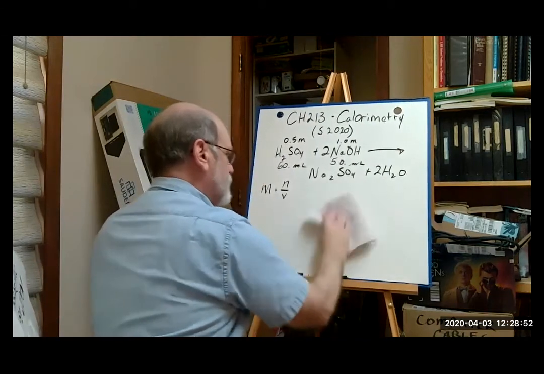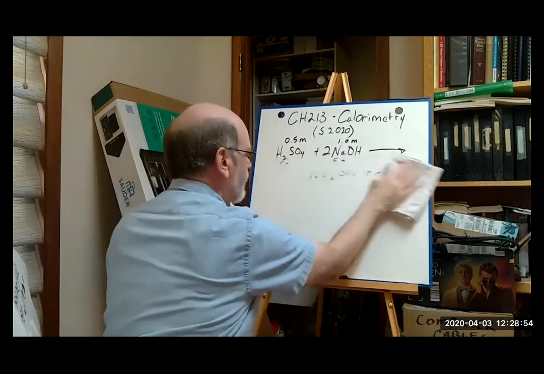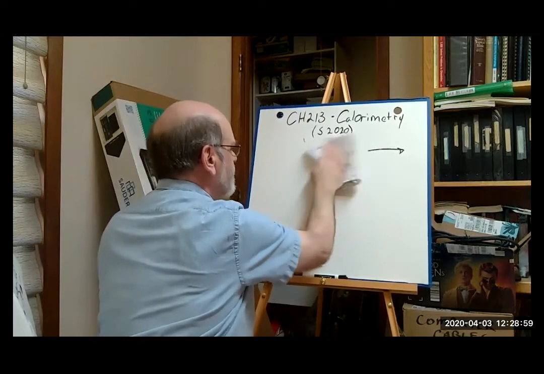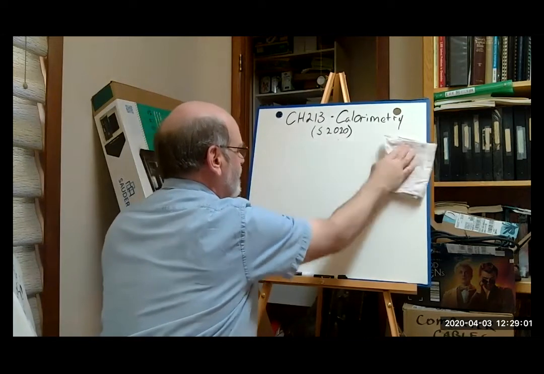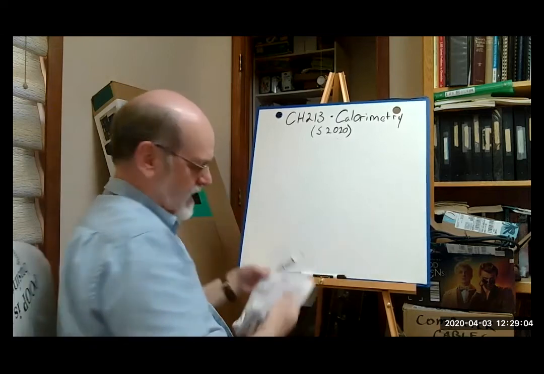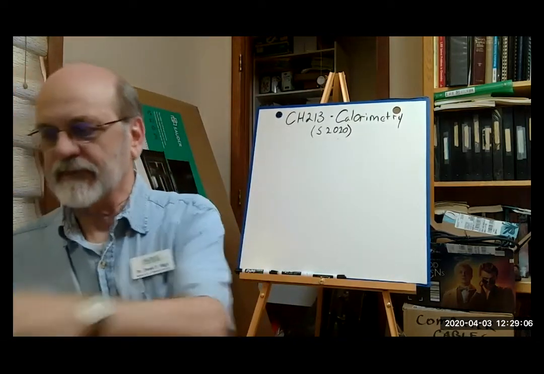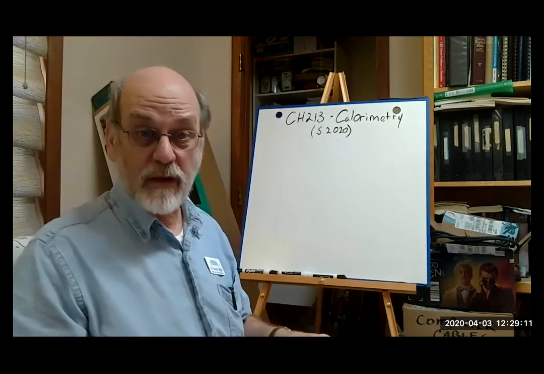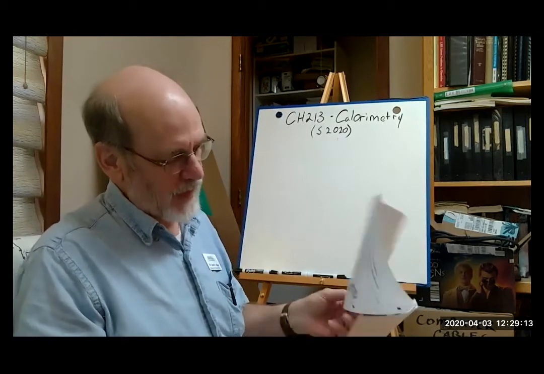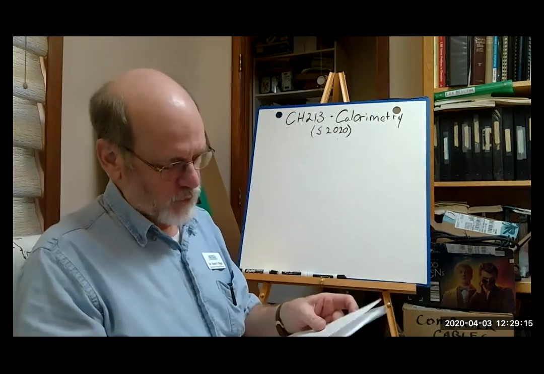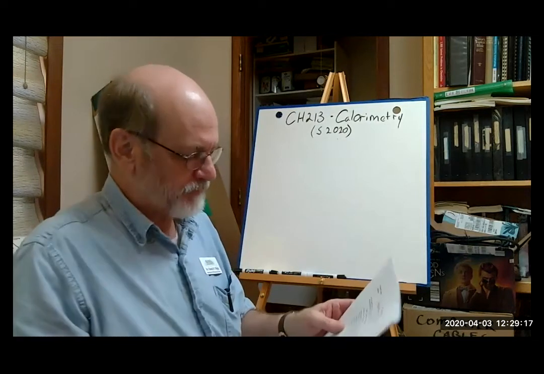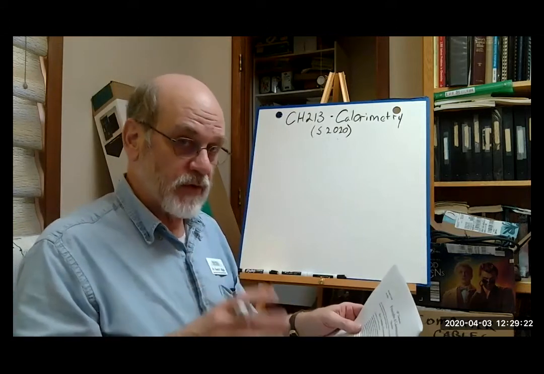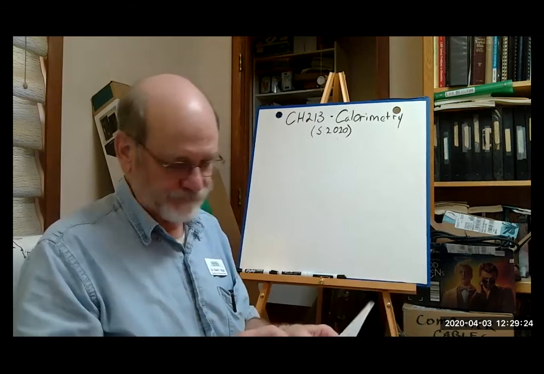We use a calorimeter, of course. And the method says, which one do we put in the calorimeter first? We look at the methods: 60 milliliters of sulfuric acid. So the sulfuric acid is going in the calorimeter first.